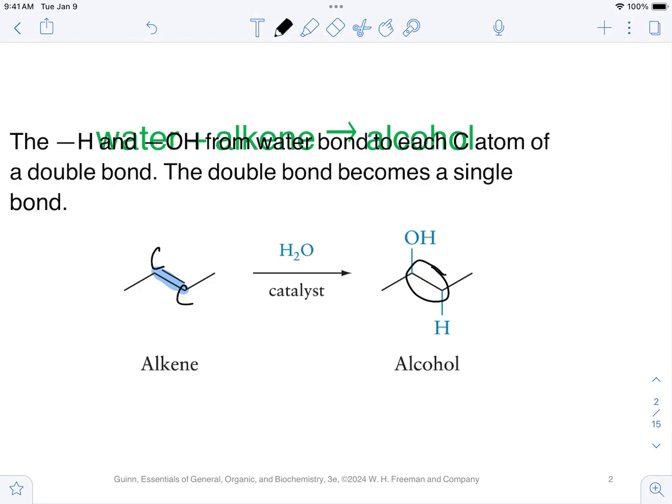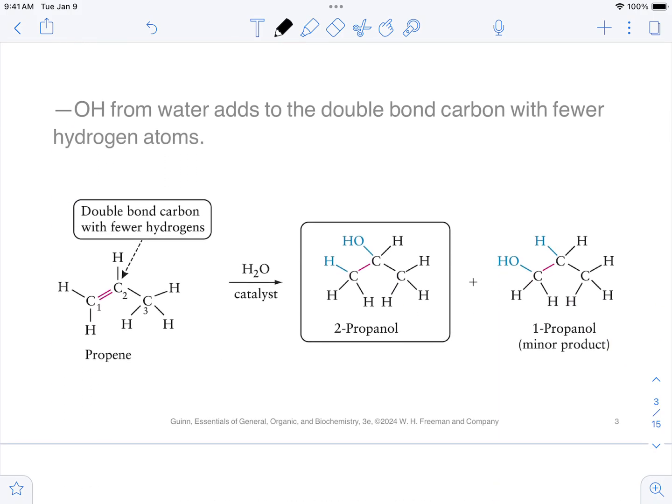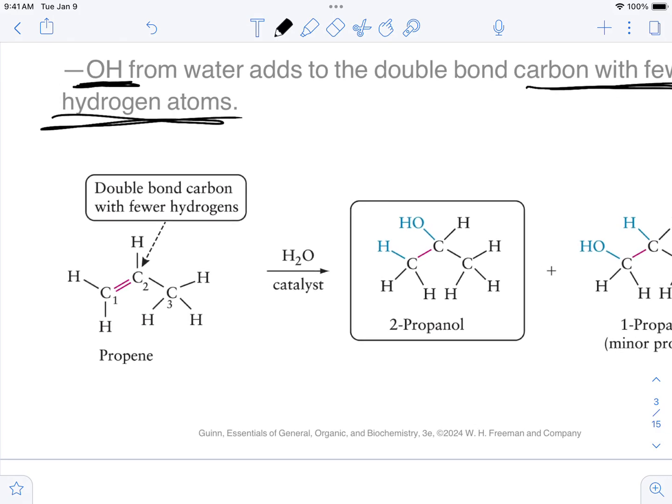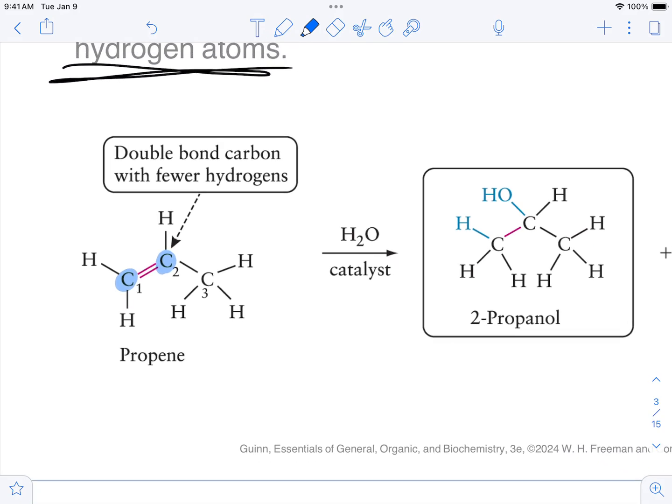Now, how do you know which side the H and OH goes on? That depends. So the OH will go to the carbon with fewer hydrogen atoms on it. So if we're looking at this diagram here, here are the carbons of interest because that is our double bond.